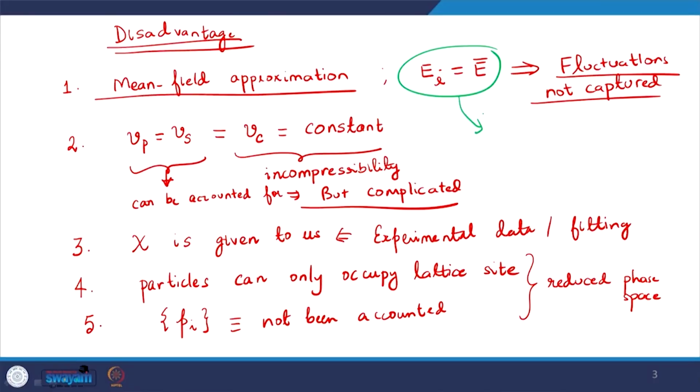The only difficulty is that if I want to address this, we will have to go for a numerical solution, because the simplicity is lost. In this particular case, we were able to write our partition function as something like that. That is not going to be possible here.